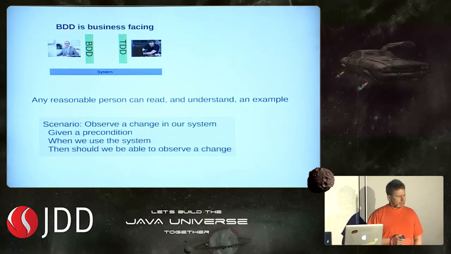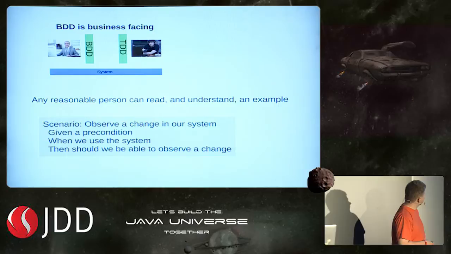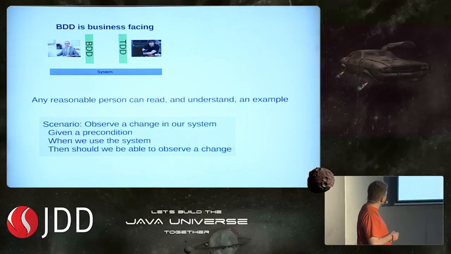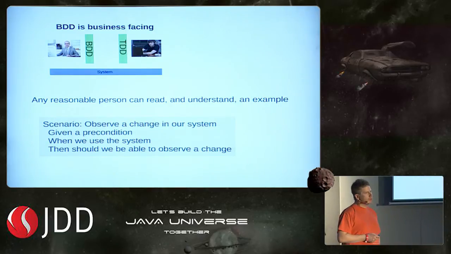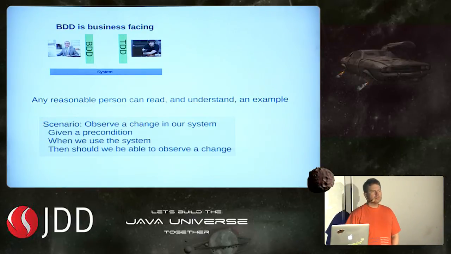But anyone, it doesn't really matter if you're a developer or if you're an accountant or whatever you are, you can probably read and understand this. An example. So we have some kind of scenario that we want to work.